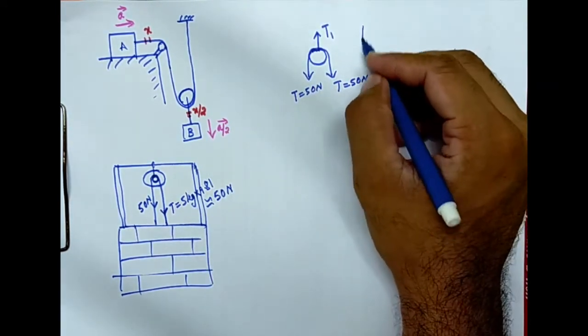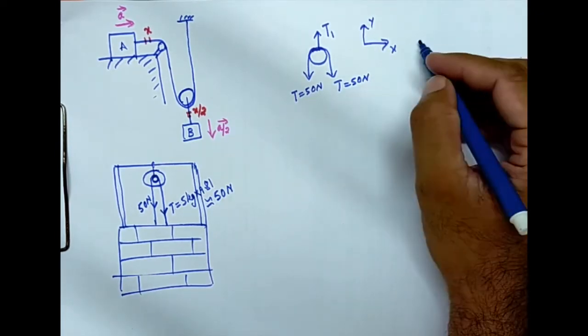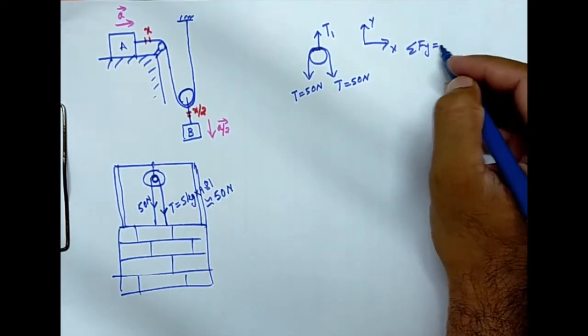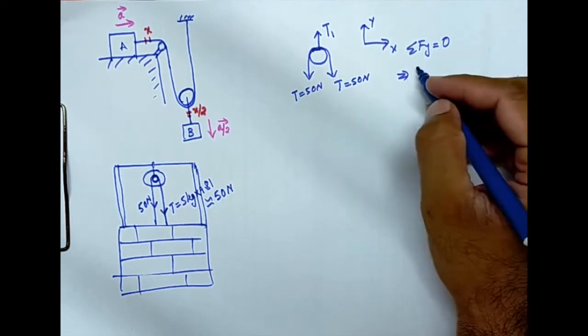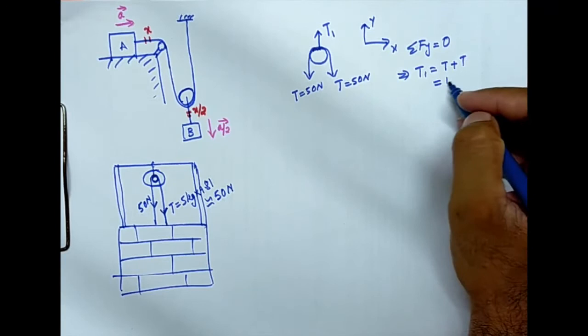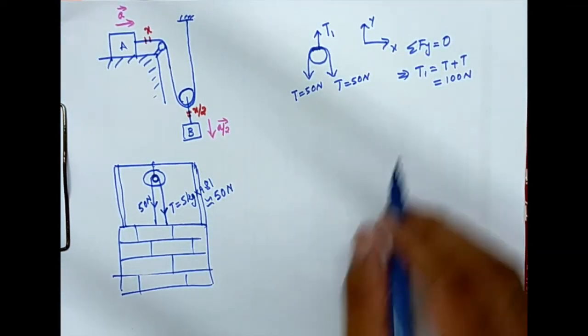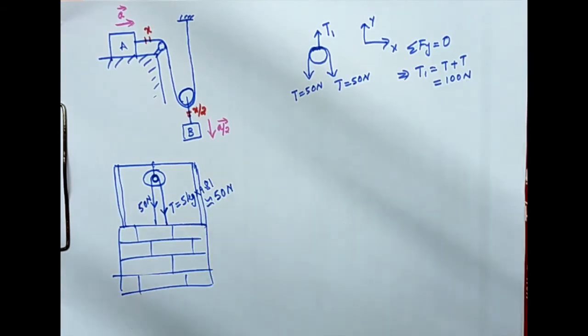So in this case, if my x and y system is something like this, what will be sigma Fy equal to 0? What will be the condition? T1 equal to T plus T, that is 100 Newton. So that's basically what we want to use here.